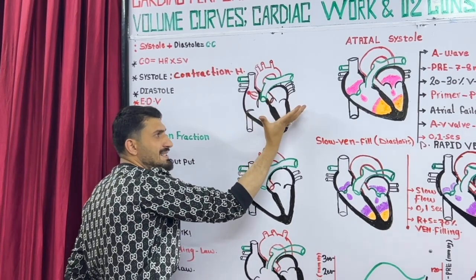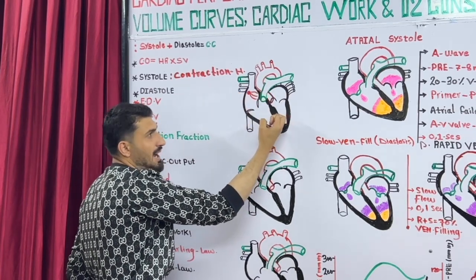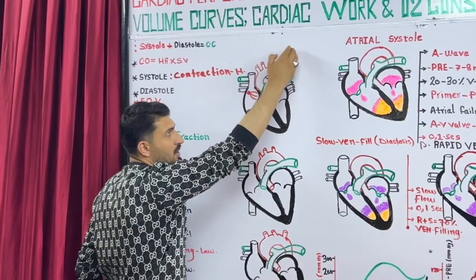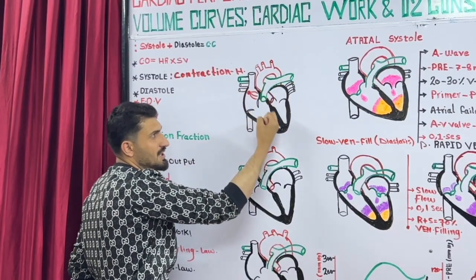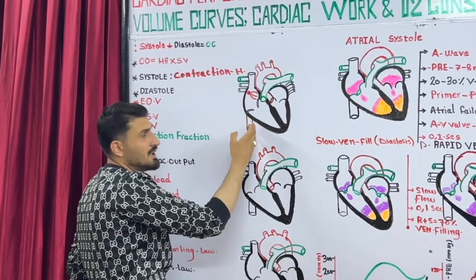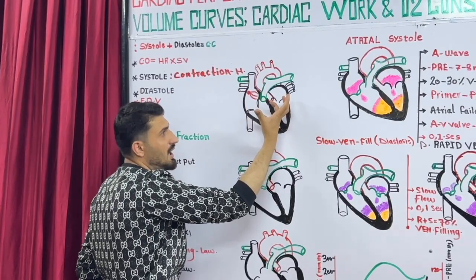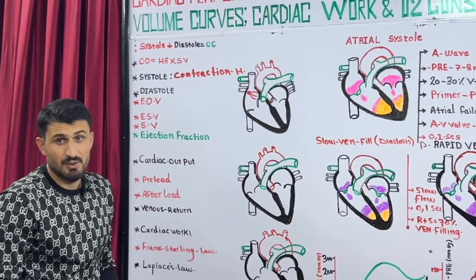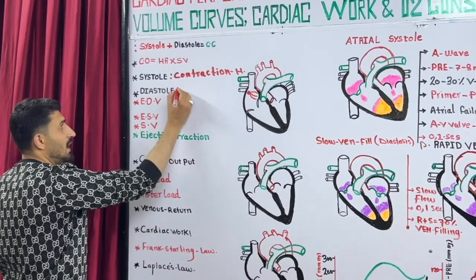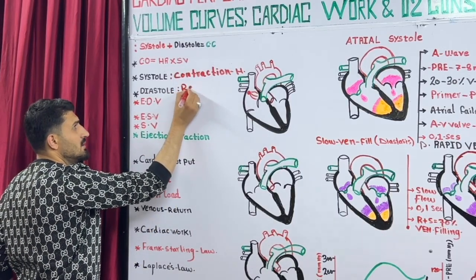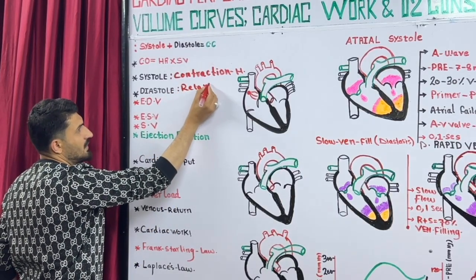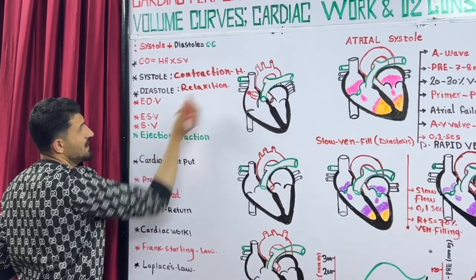But when it relaxes, it accumulates blood from the pulmonary system and from the systemic veins. So this relaxation of the heart is called diastole. This is relaxation. Got it?